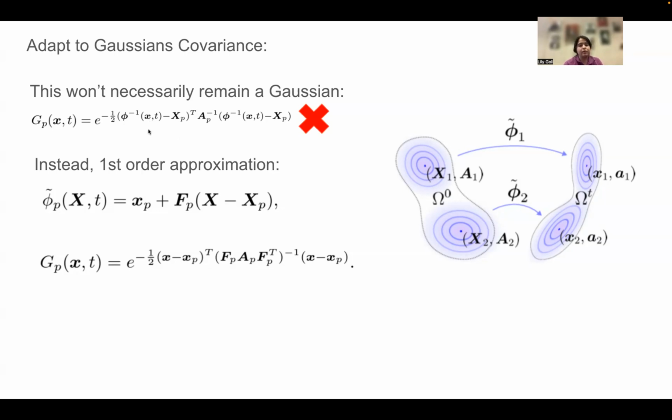So instead, they do a first order approximation of the deformation and assume a simple affine transformation on the points. So here it is just a rotation and translation, and they apply this affine transformation to their covariance matrix. So because it's a linear transformation, it's still a Gaussian.